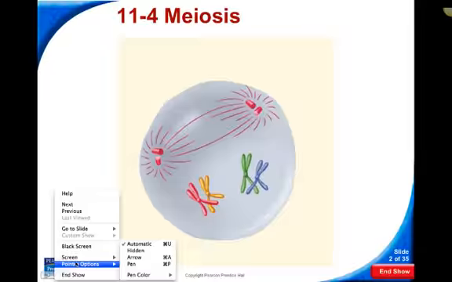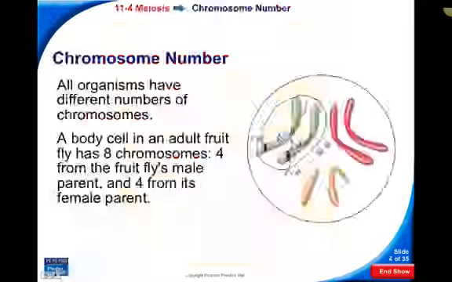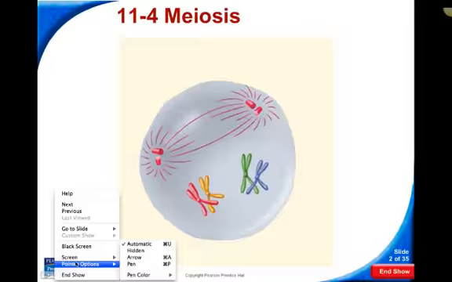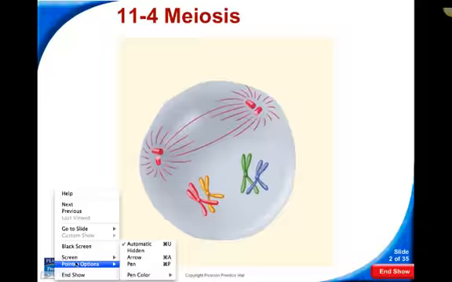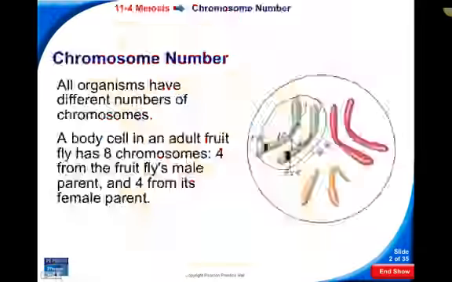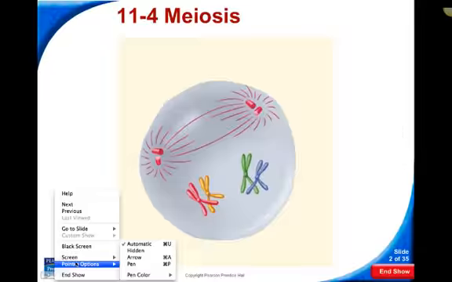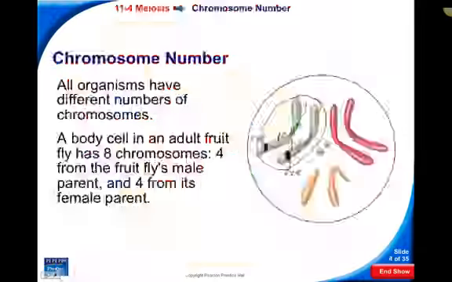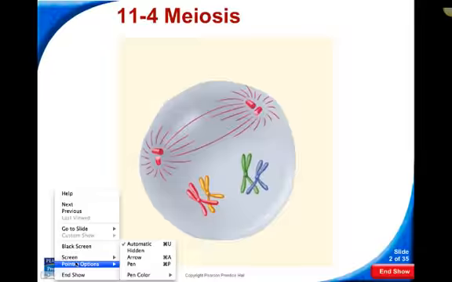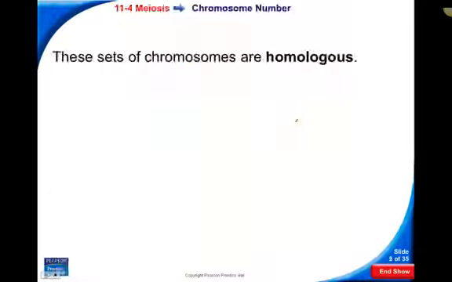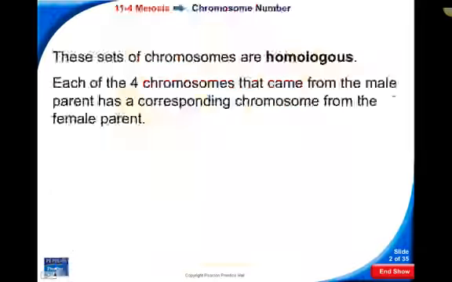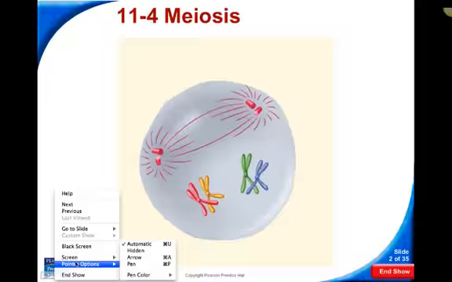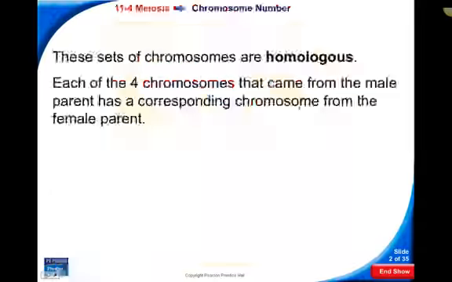Depending on what allele is present, it could be a dominant or recessive from mom or dad. These are homologous chromosomes, matched up here as pairs. Each of the 4 chromosomes that came from the male parent has a corresponding chromosome that came from the female parent.